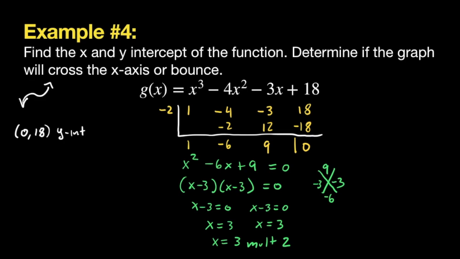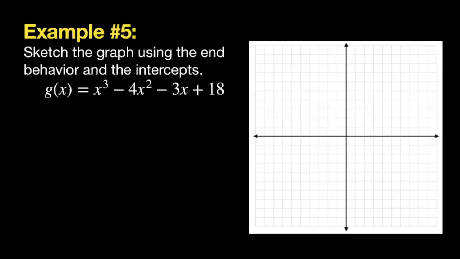So I'm going to make a quick sketch so you can get an idea of what we're talking about. From example 4, we know that your y-intercept is at 18. Your x-intercepts are going to be at -2 and 3 multiplicity 2, because we got that.